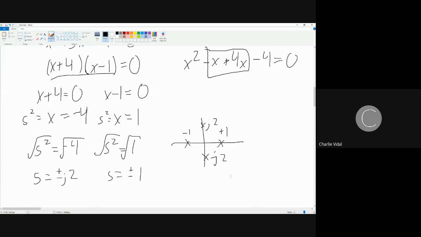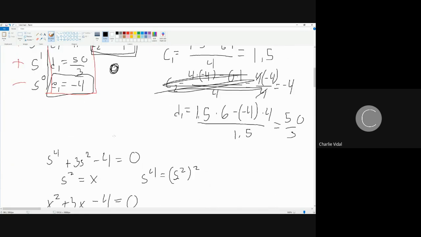Okay, so you can see right here we have one RHP, we have one LHP, and we have, let me just go like this and like this, two IAs. So let's fill that in.